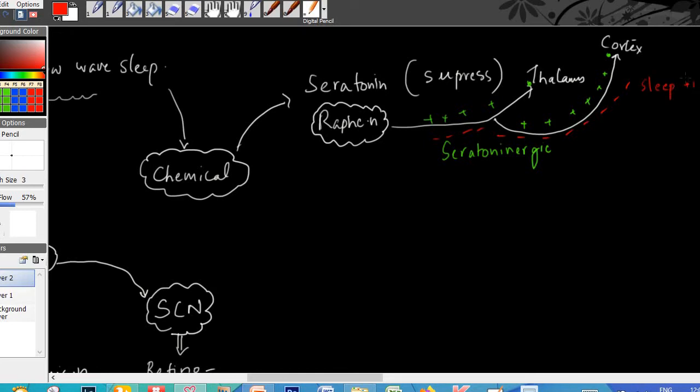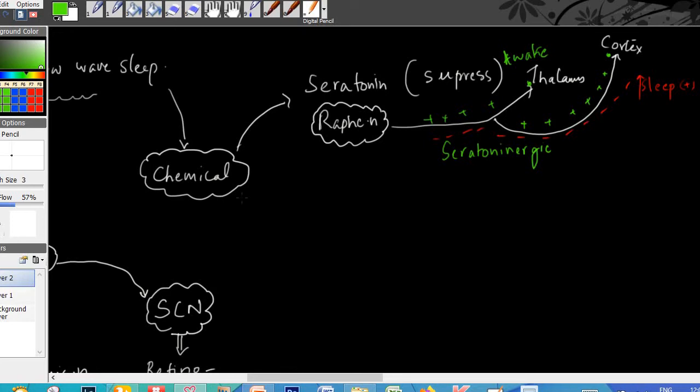Sleep positive, or increased sleep, means that this pathway is red, that means it is inhibited. And if you want the awake state, then the pathways should be activated. I hope this point is crystal clear.